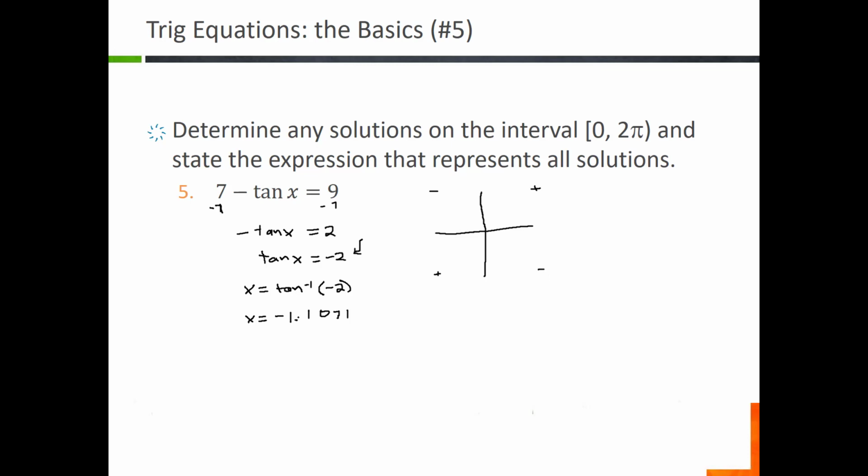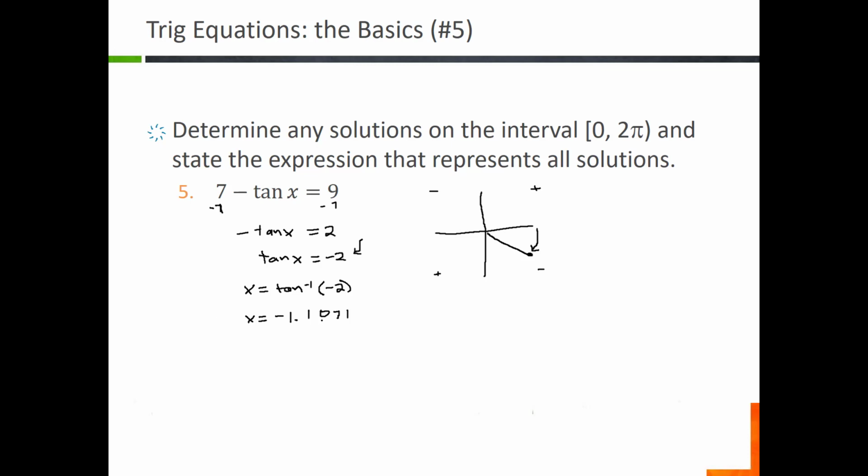So this -1.1071 is an angle down here in the fourth quadrant, and since it's negative, it is rotating clockwise down into the fourth quadrant. This -1.1071 is not itself on the interval from 0 to 2 pi, so that's not actually going to be one of my final answers.